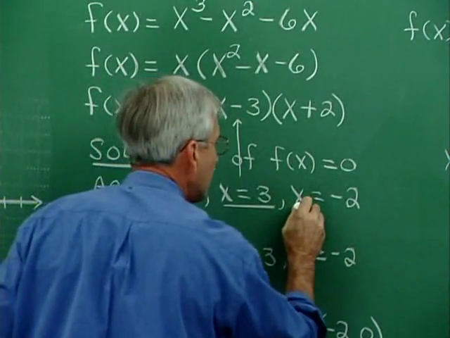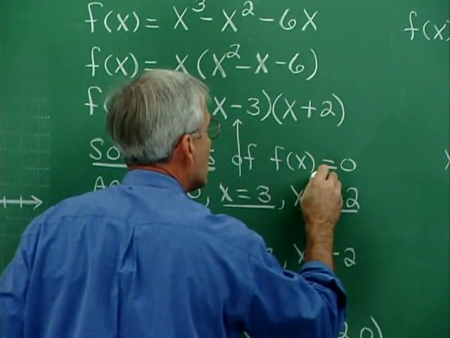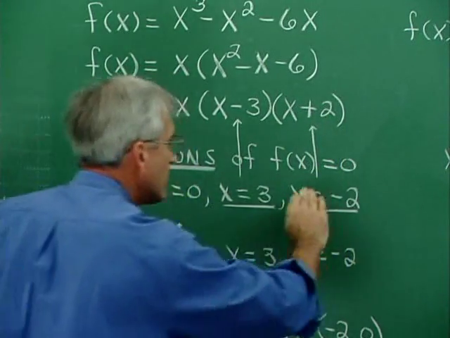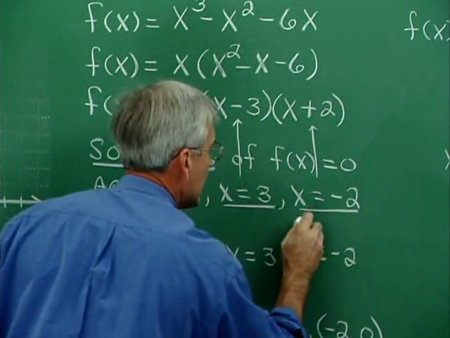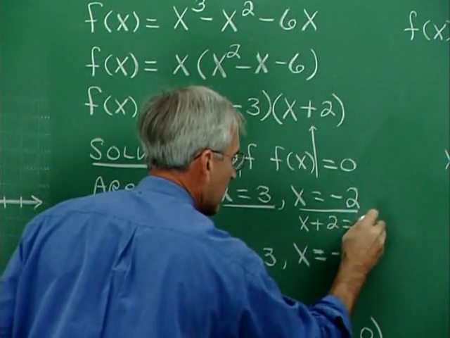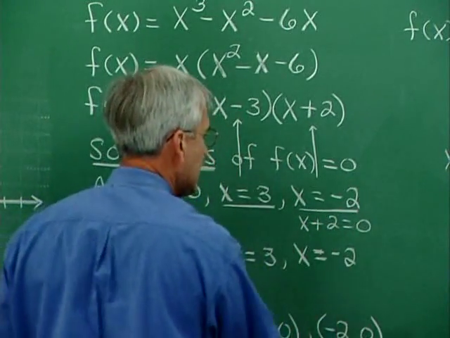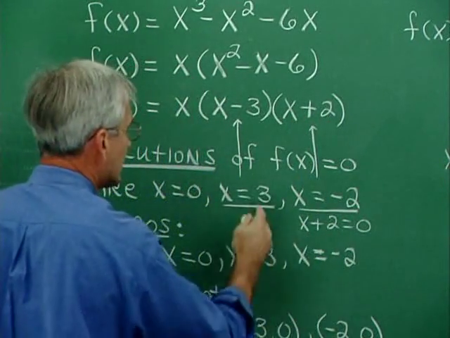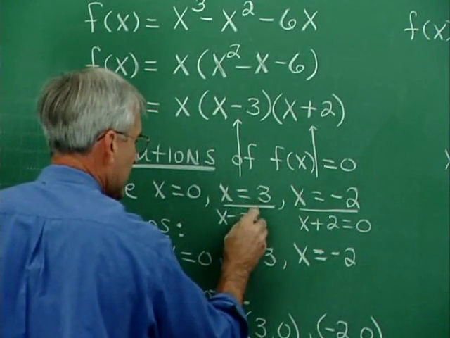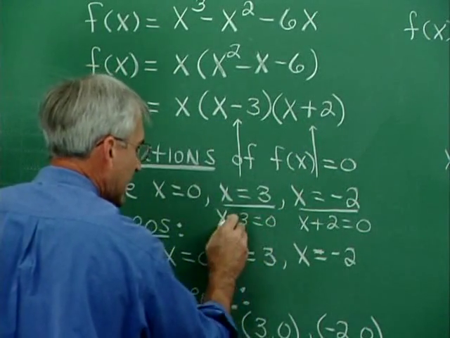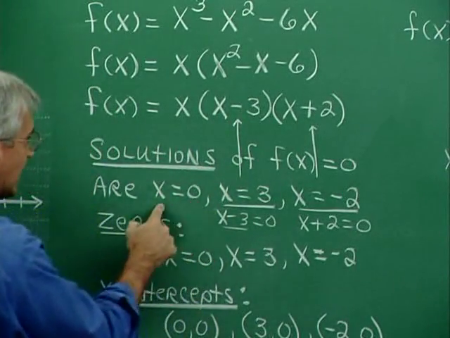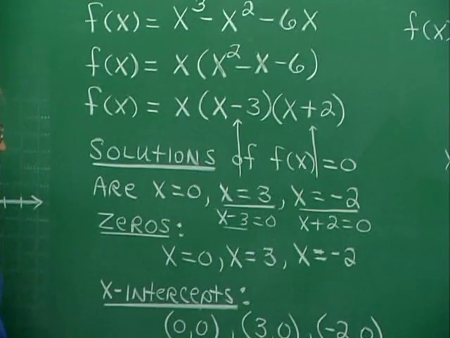If negative 2 is a 0, then x plus 2 is a factor. And after all, we can just take this and manipulate a little bit. This is x plus 2 equals 0. You see, it's that idea that x plus 2 is a 0, x plus 2 is a factor. Same notion here. x minus 3 equals 0, and so the x minus 3 is a factor here. x equals 0, and then x itself is a factor up here. All right, that's an idea that we're going to come back to a little bit later.